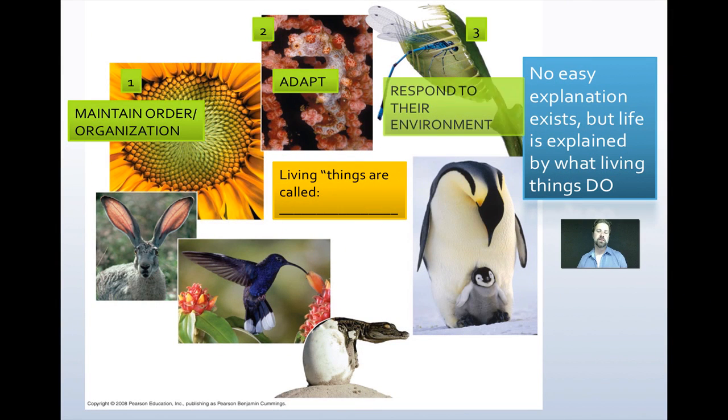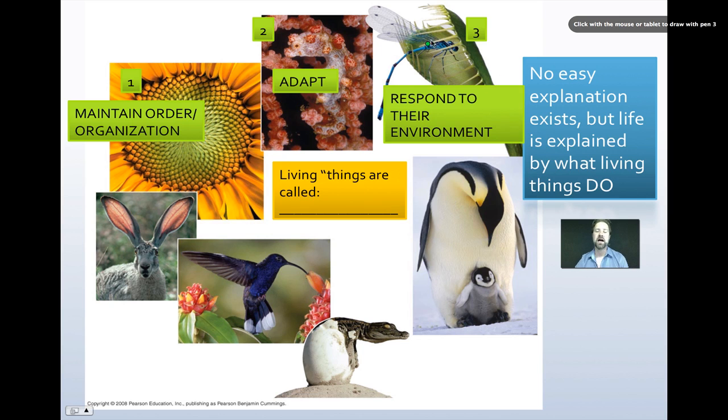The third characteristic of life we're going to look at is that organisms respond to their environments. And in this situation here, we see that a damselfly has been attracted to a Venus flytrap. Possibly the coloration of the Venus flytrap, the chemicals that are present, drew this damselfly in for a possible meal.